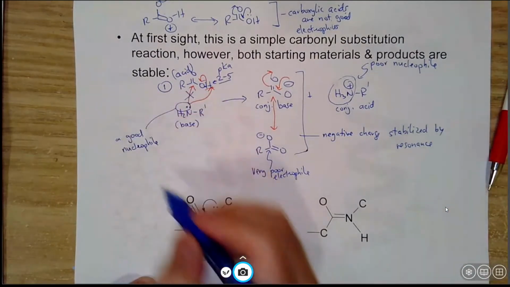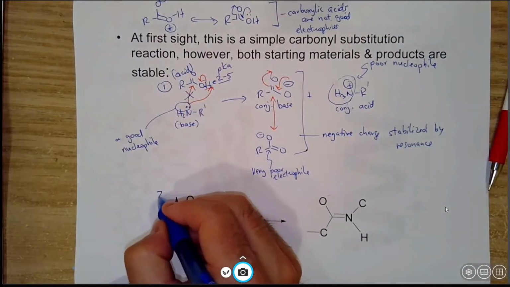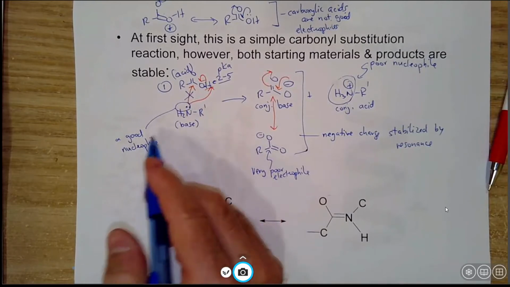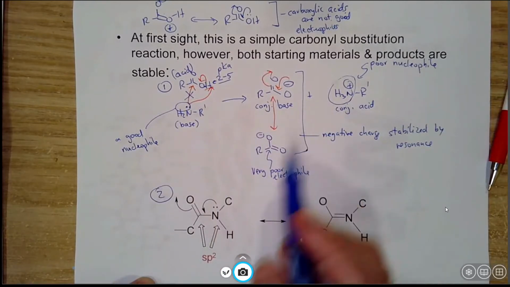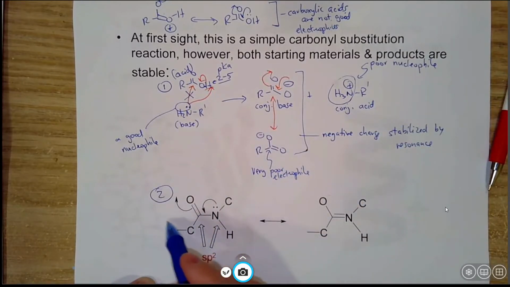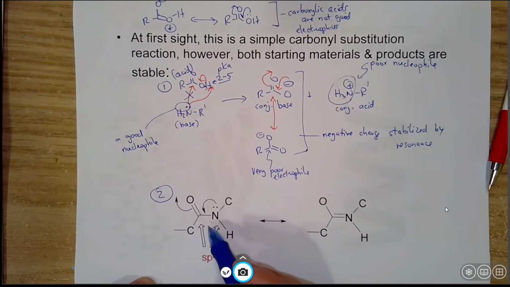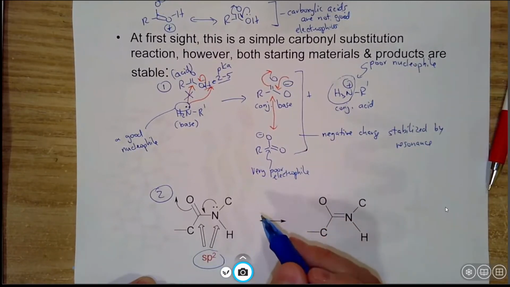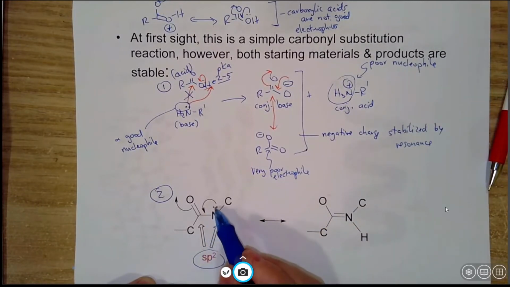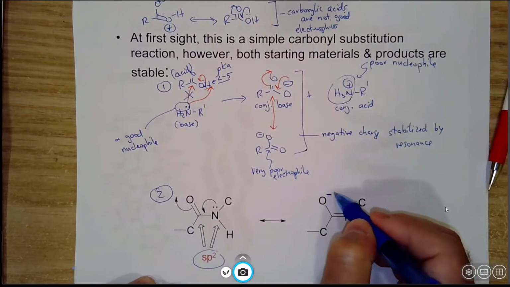So that's number one. At first sight, it's a simple carbonyl substitution, and both starting materials and products are stable. Number two refers to the product, the amide bond. You've probably heard of amide bonds or peptide bonds exhibiting what is known as sp2 character. What this simply means is that the amide bond is heavily delocalized, because the nitrogen electrons are very willing to donate into this species here.